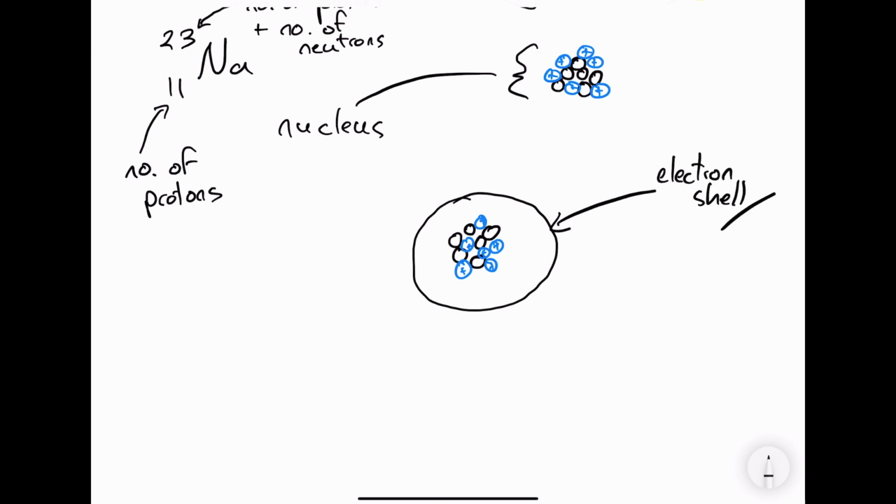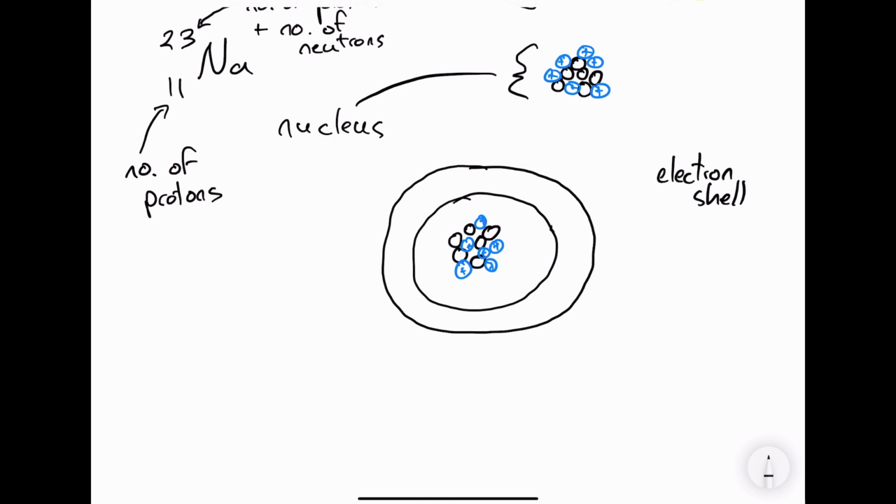Now this can sometimes also be called an energy level or an orbital. For the convenience of this video, I'm just going to call it an electron shell. So these are electron shells, and carbon has 2 shells.